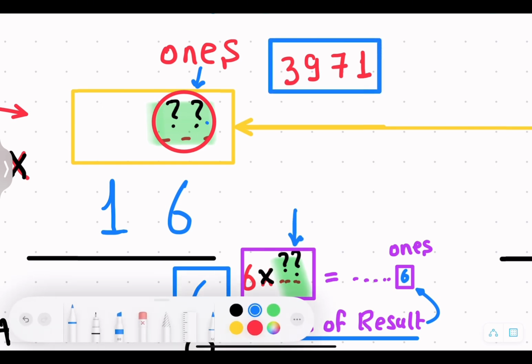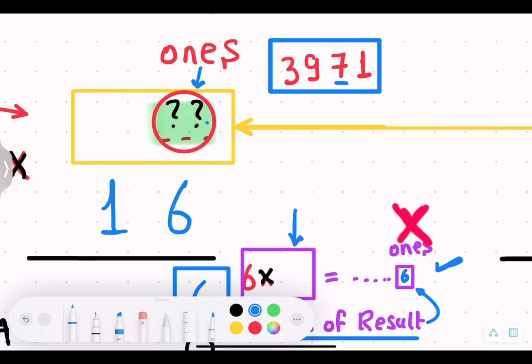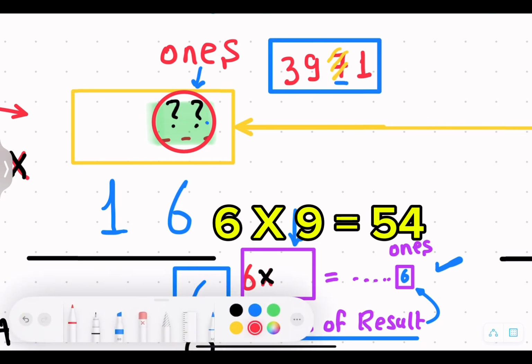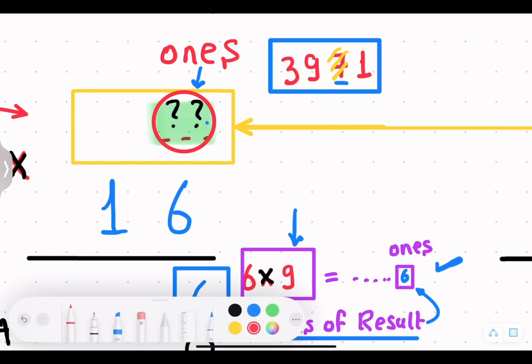Okay, let's try. If we multiply 6 by 7, the result will be 42. So the ones digit will not be 6, it will be 2. So 7 will not be used. And then if we multiply 6 by 9, the result will be 54. So the ones digit will not be 6. So 9 will not be used.